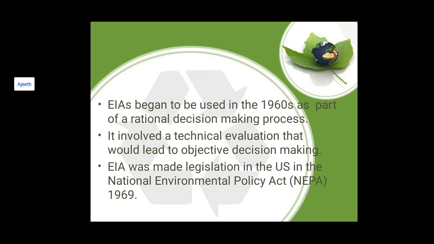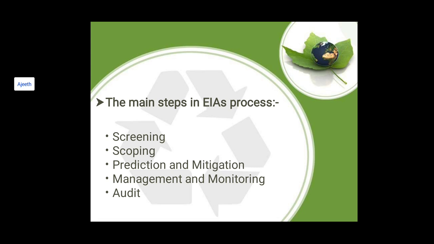EIA was made legislation in the US in the National Environmental Policy Act, that is NEPA. So NEPA, I hope everyone has heard of that, right? It is a very famous act. So it is a very big deal that EIA is there.